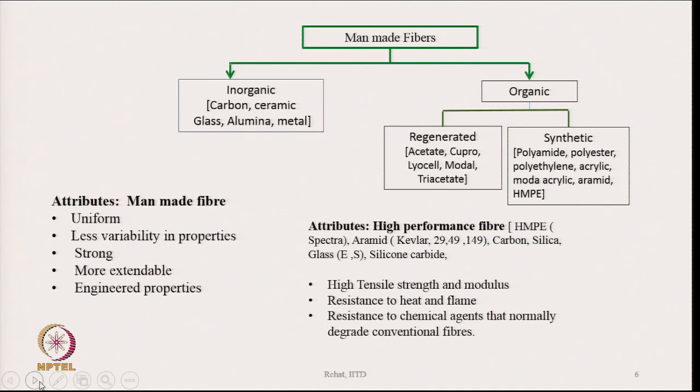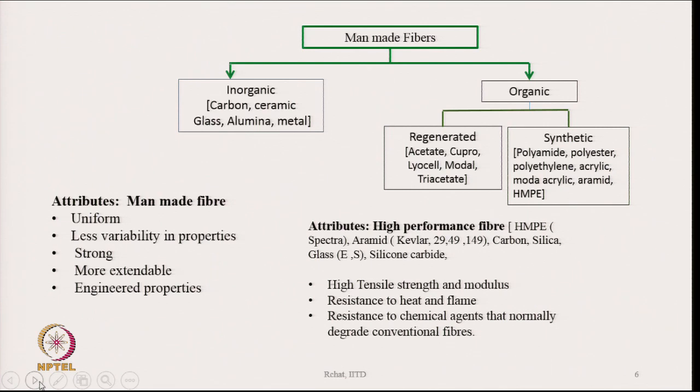And if we look at the general attributes of all synthetic fibers, we can generally say that because they are all produced under very controlled conditions, they are generally much more uniform in terms of their diameter uniformity and the uniformity in the properties also.